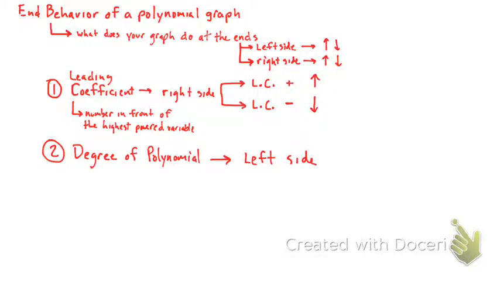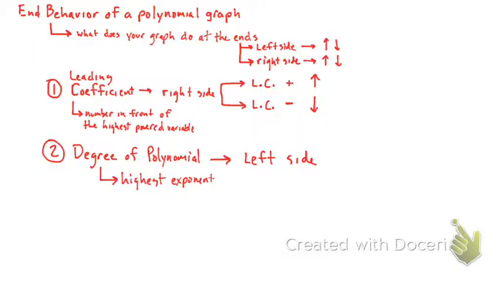So what is the degree first and foremost? The degree is your highest exponent. So in your equation or function, we're looking for the highest power. So how does it control the left side?